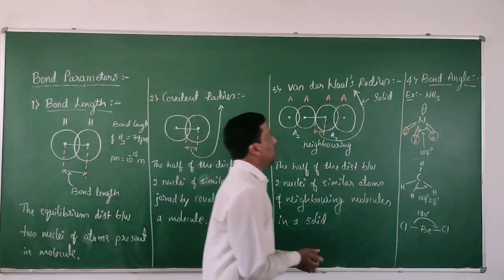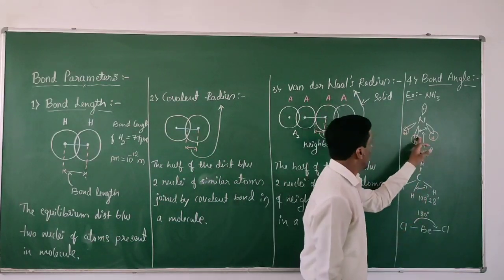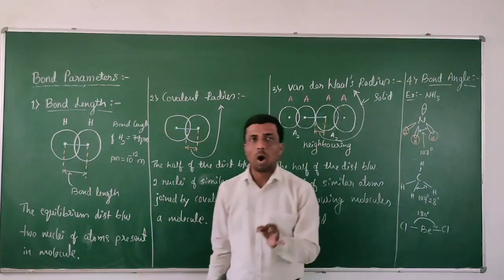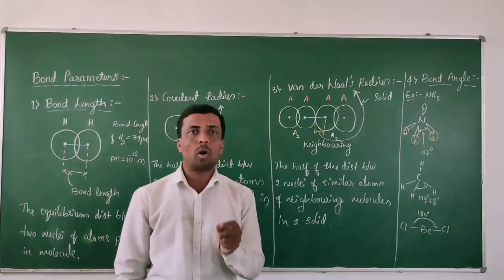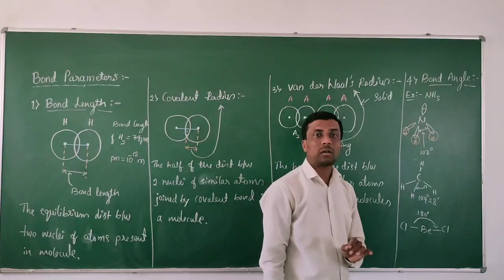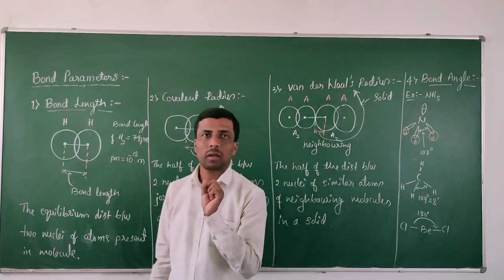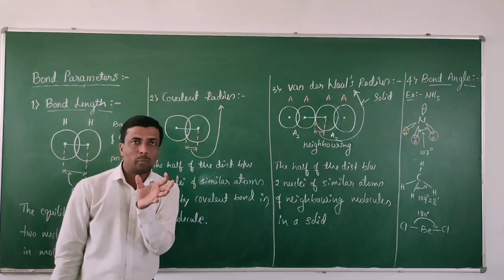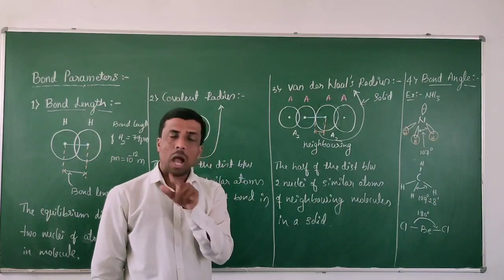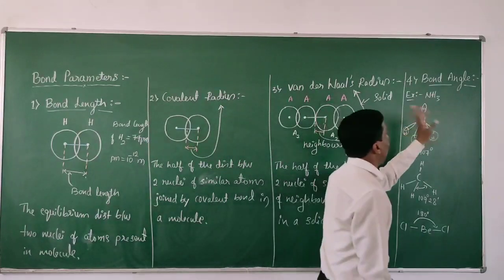Okay, what is bond angle? The angle between the orbitals containing bonding electron pairs around the central atom in a molecule. There is a central atom in the molecule, around it are orbitals containing bonding electron pairs, and the angle between those orbitals is the bond angle.